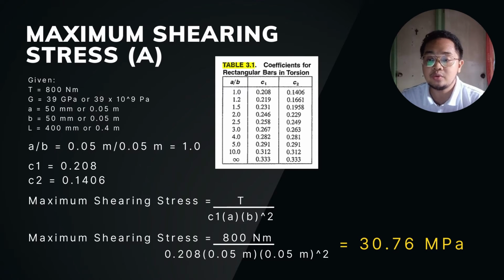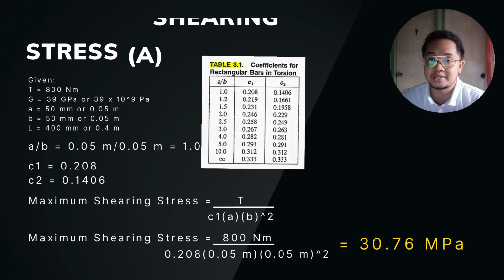Looking at the table, 1.0 has C1 equals 0.208 and C2 equals 0.1406. The formula for finding the maximum shearing stress is T all over C1 times A times B squared. Substituting the values, we get 30.76 megapascals. Therefore, the maximum shearing stress of the cold-rolled yellow brass bar figure A is 30.76 megapascals.